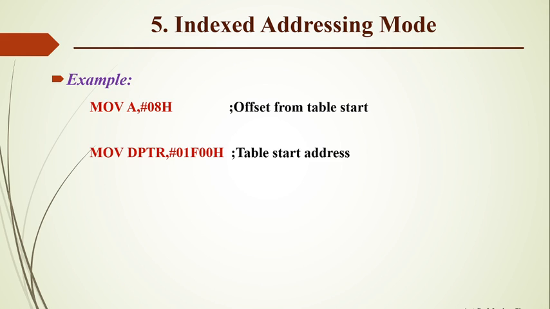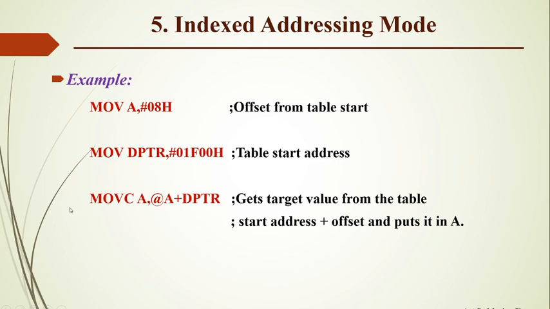Then using the instruction move DPTR, #1F00H, we are loading the DPTR with the base address or start address of the table. And in the accumulator we are moving the value 08H, which is the displacement or offset.